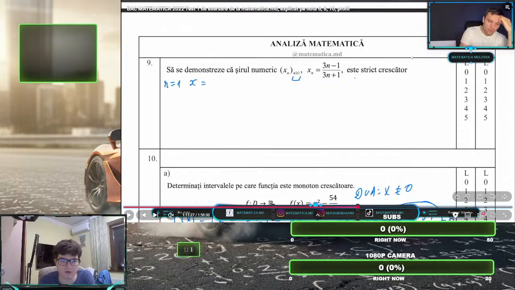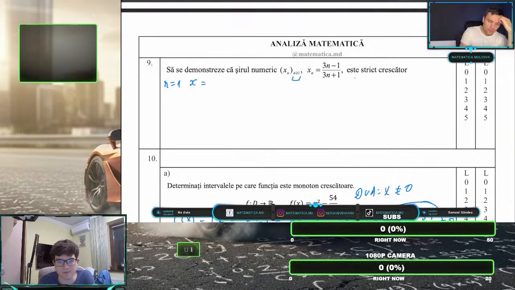Analysis. So when x of n, and n is larger than or equal to 1, x of n is always going up. How can you demonstrate that? So just put n equal to 1.